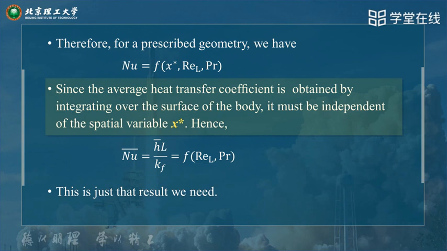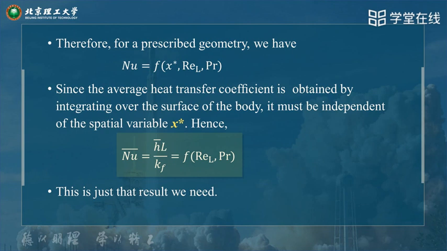Because the average heat transfer coefficient for the whole surface is obtained by integrating over the surface of the body, it must be independent of the spatial variable x star. Hence, the average Nusselt number for the whole body is h average times L over kf. So it is only a function of the Reynolds number and Prandtl number.